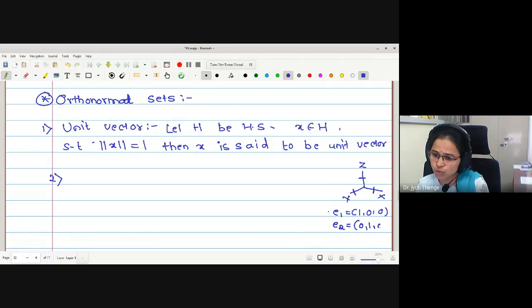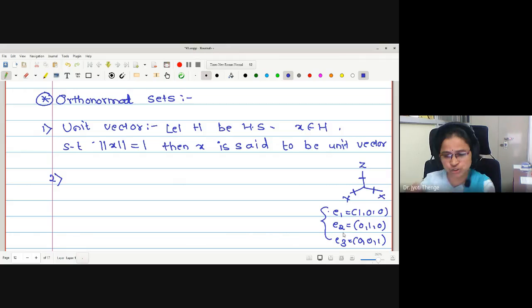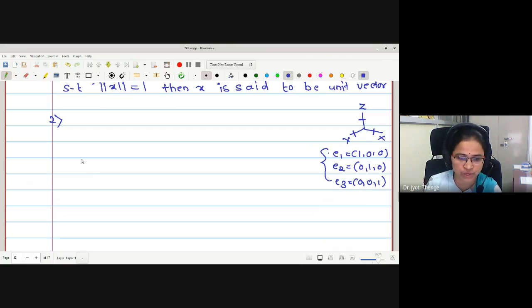On Y, it is 0, 1, 0. On Z, it is 0, 0, 1. Therefore, this is a collection of unit vectors which are mutually orthogonal to one another. Then this set is defined to be an orthonormal set. Let me write the definition.